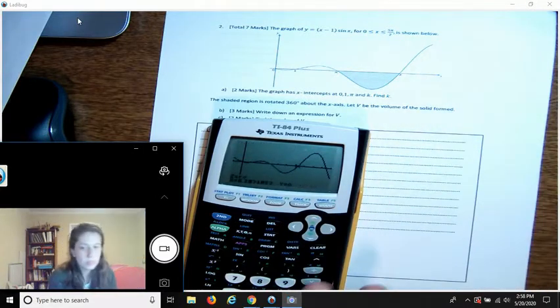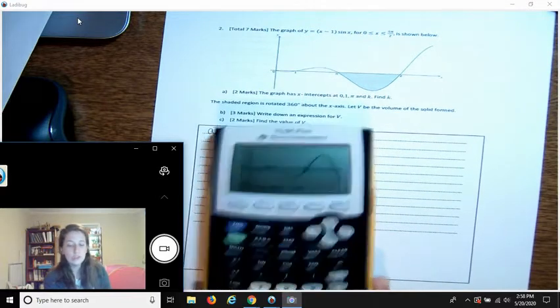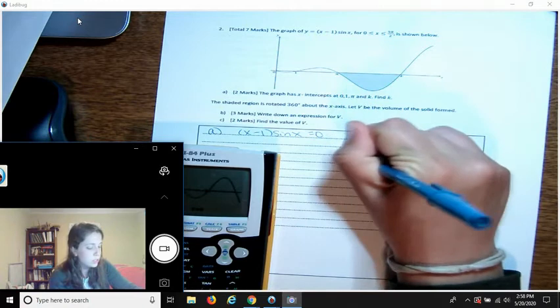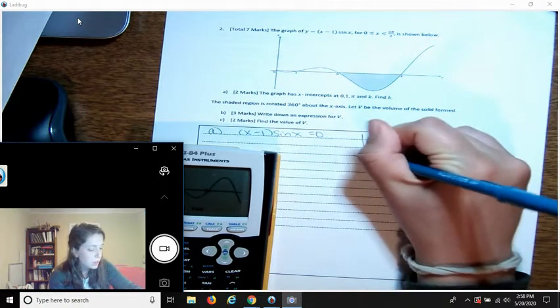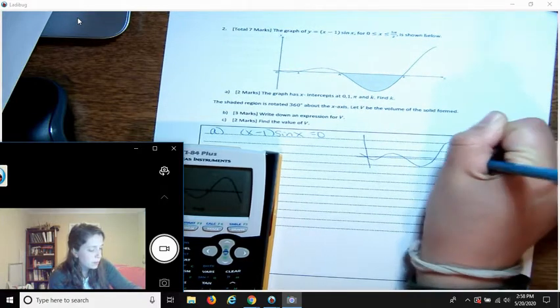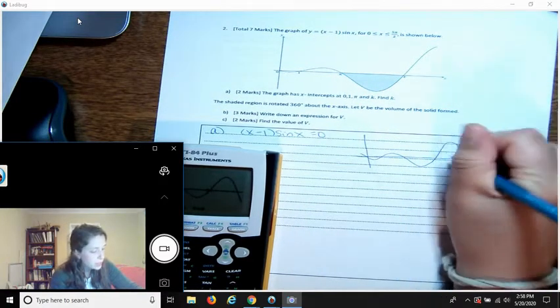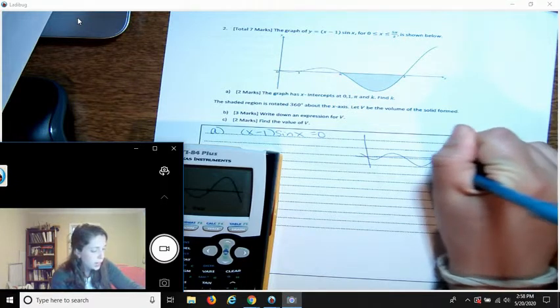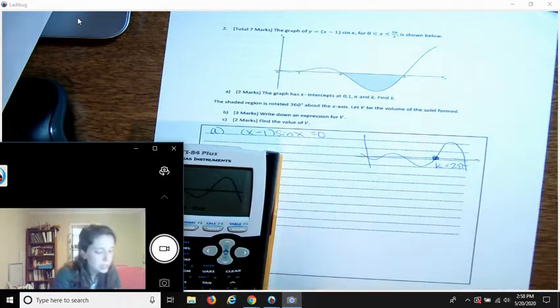And you get 6.28. You should recognize that this is 2 pi. So you can do this on your calculator. Okay, this is the k that we were looking for, and it should be 2 pi. You get 6.28. If you put 6.28, that's fine. I'll give you full credit for it.